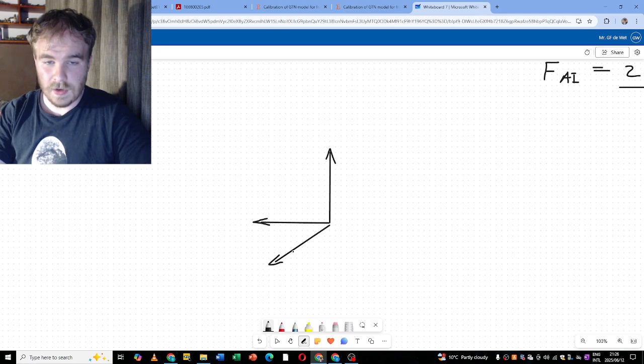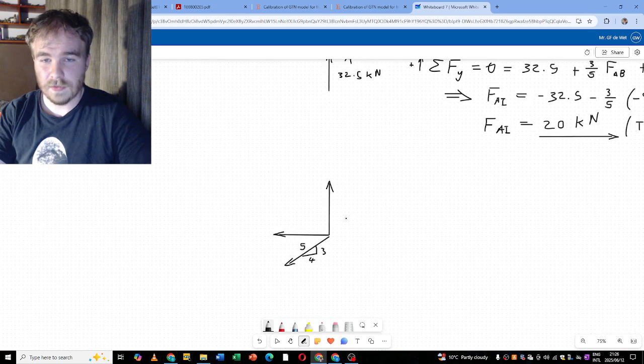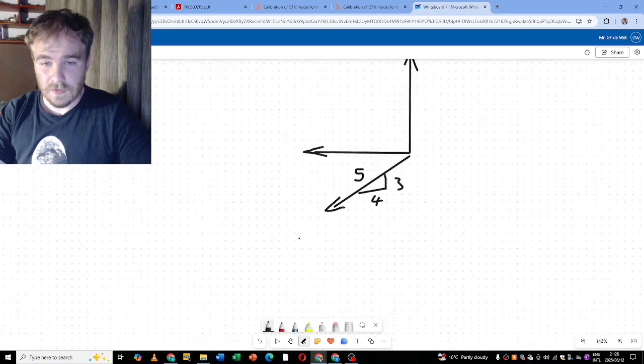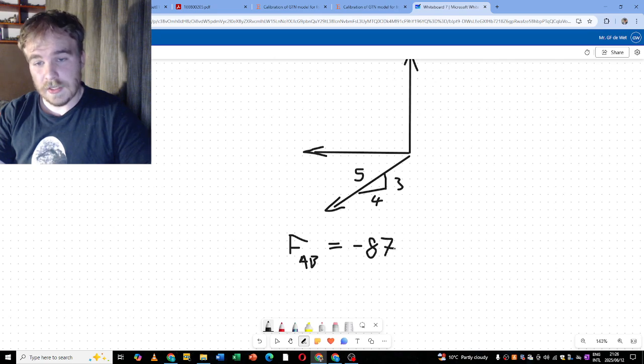And we already know that it is 4 in the x direction, 3 in the y direction, and then the total length is of 5. Okay, and it is the force FAB. And I'm going to write its value down here so we don't have to keep going back upwards. It's 87.5 kilonewtons.